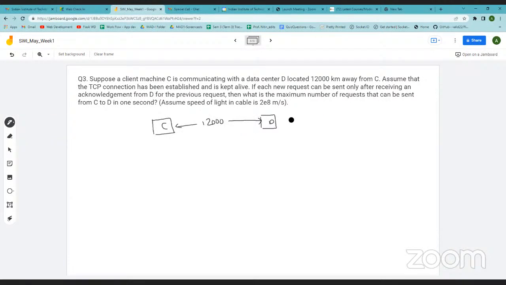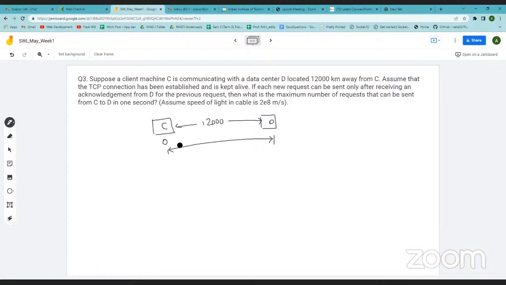Now what happens is, suppose I create a request, I'm the client, right? I'm located here. If I make a request to this data center D, what will happen? A single connection will be established. That's why this connection is called a TCP connection.